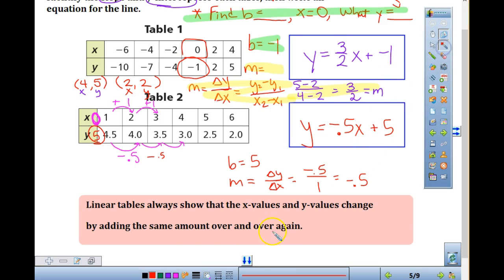So if you think of these two tables, that same amount in the second one was subtracting 0.5. This one, as you added 2, if we were looking at this, down here you were adding 3. So change in y always divided by change in x. Okay? All right, so you're going to have some of those where you have to write equations.